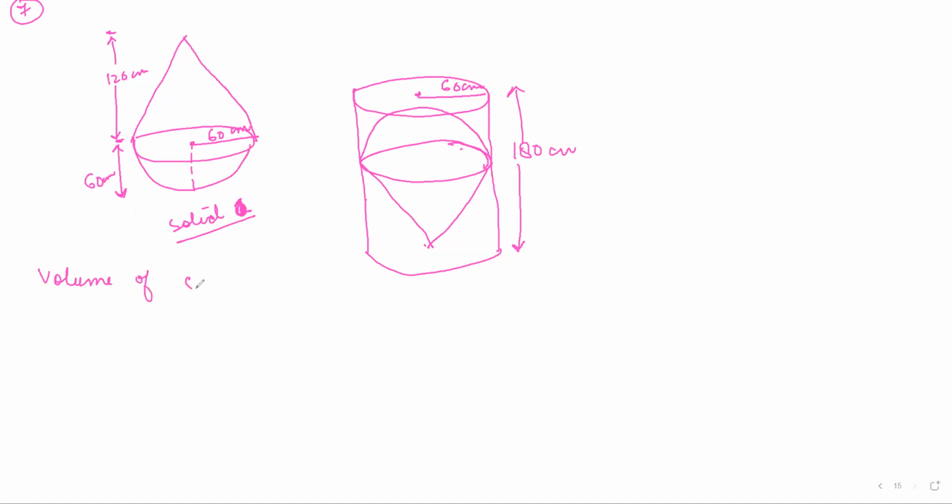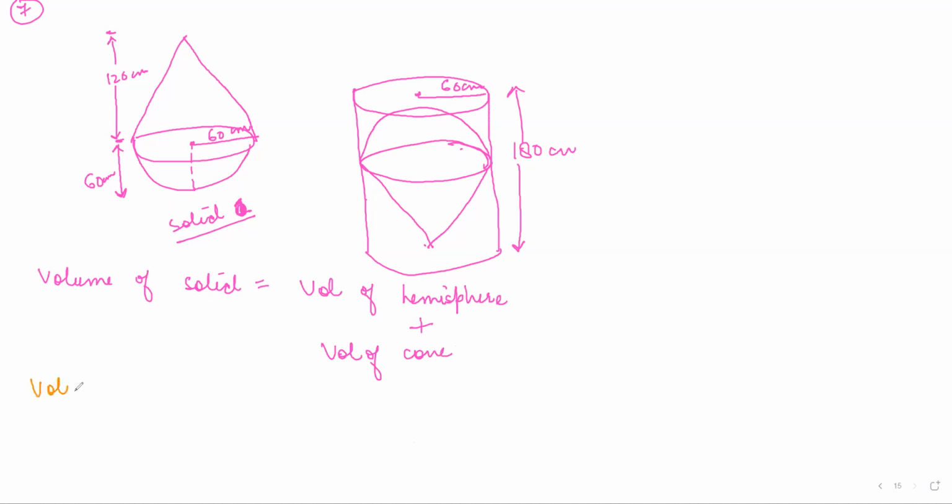Volume of solid is equal to volume of hemisphere plus volume of cone. So let us separately find out everything.